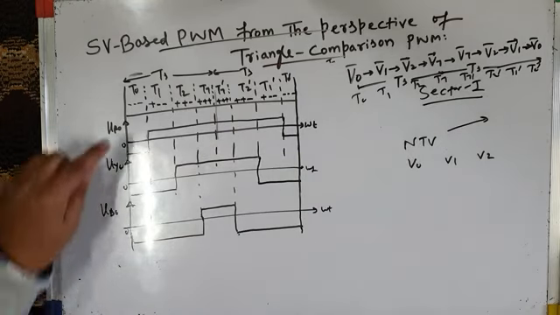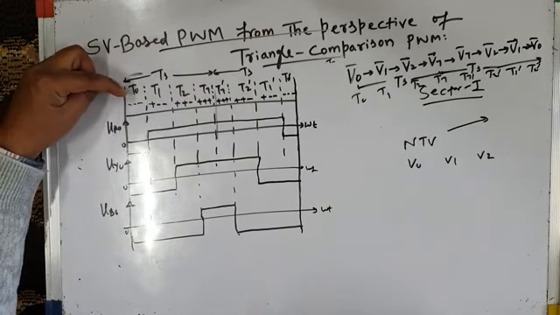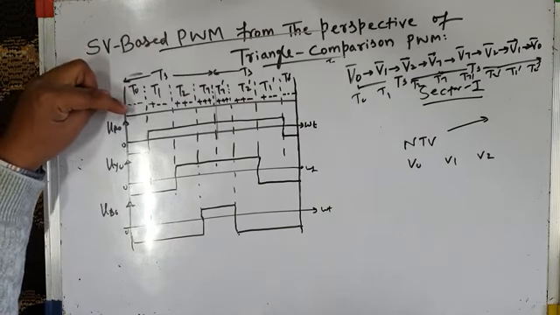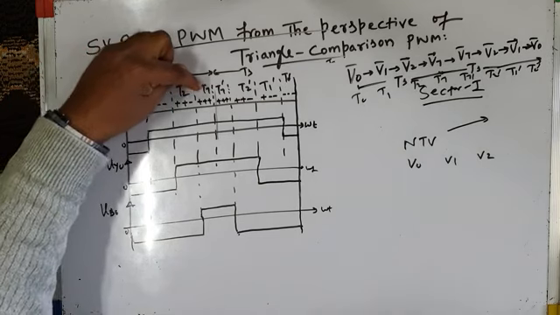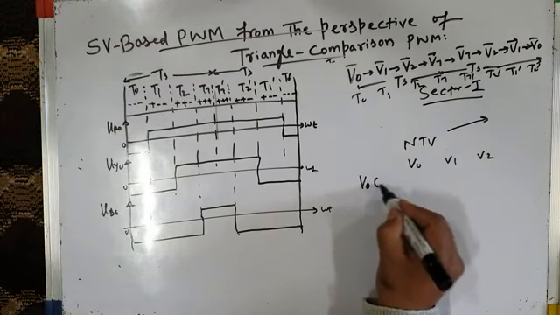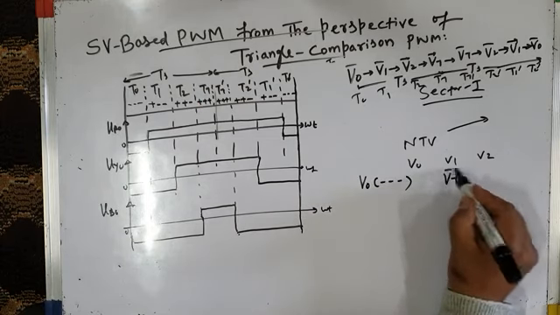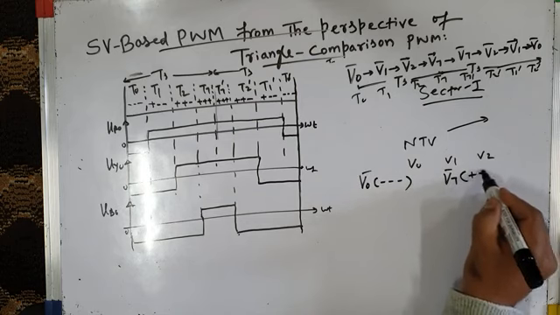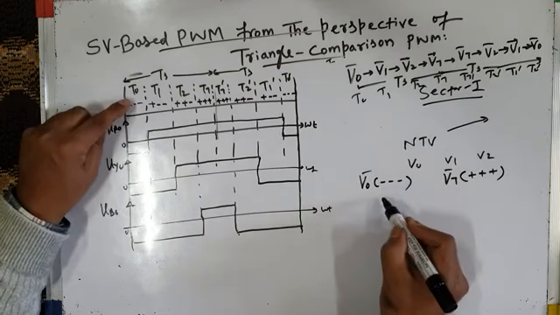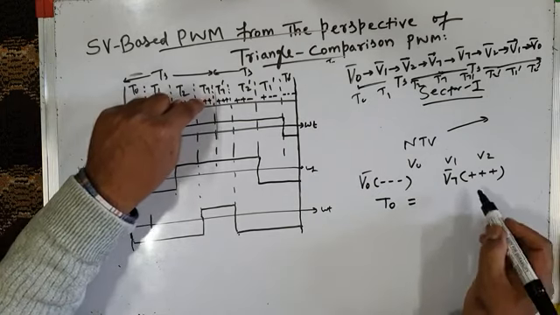In this space vector approach, you can see in one subcycle, time interval T0 for null vector V0 is exactly equal to time interval T7 for null vector V7. We have two null vectors, V0, which represents the switching sequence minus minus minus, and V7, which represents the switching sequence plus plus plus. V0 is applied for time interval T0 and V7 is applied for time interval T7.